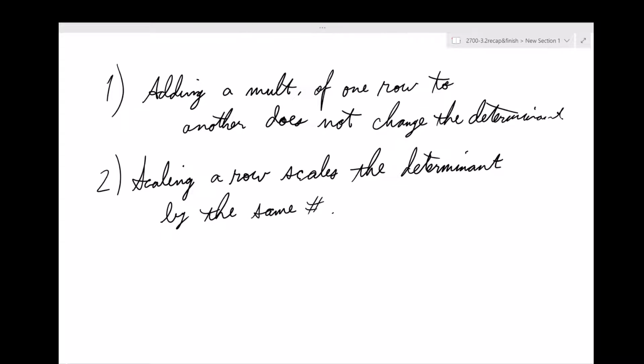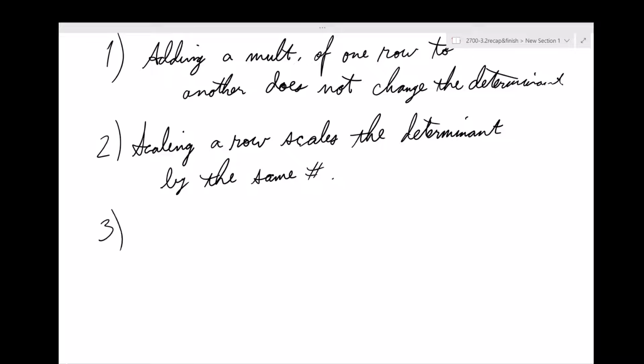And then finally, switching 2 rows multiplies the determinant by -1 or negates the determinant, however you want to say that. So let's say negates the determinant.